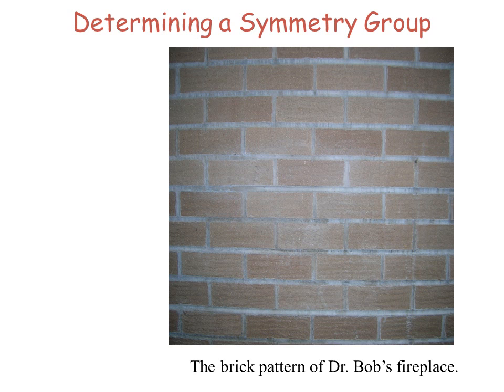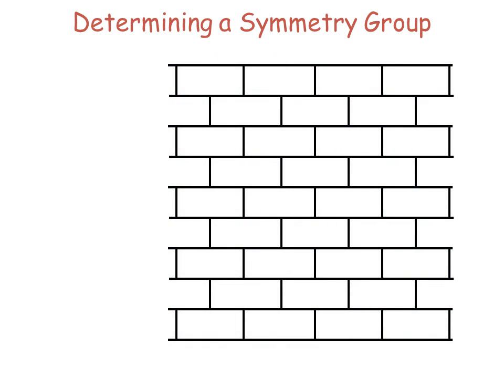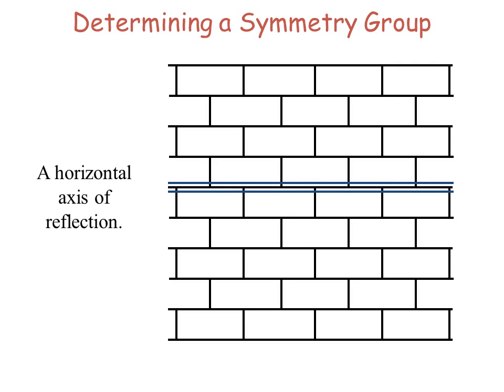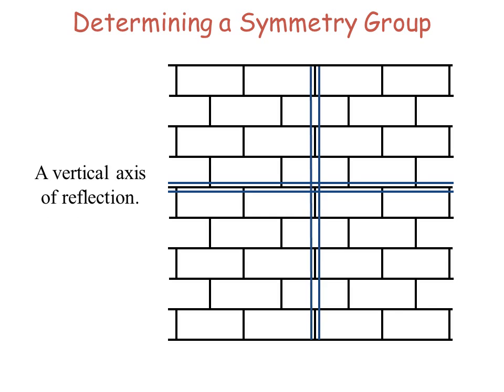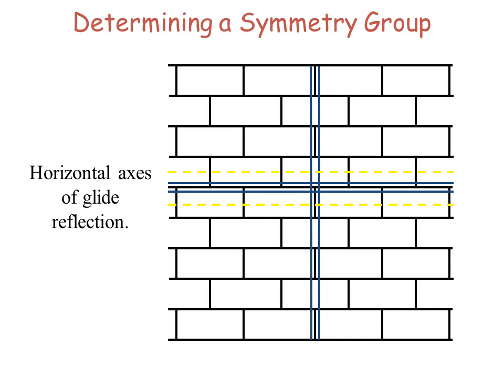Now we start with a pattern and try to deduce its symmetry group. Here is the brickwork of my fireplace. Here is the pattern idealized. There is a horizontal axis of reflection. There is a vertical axis of reflection. There is a horizontal axis of glide reflection.